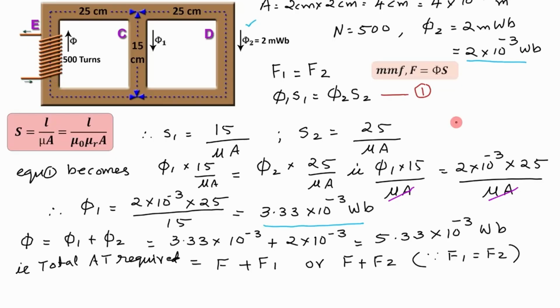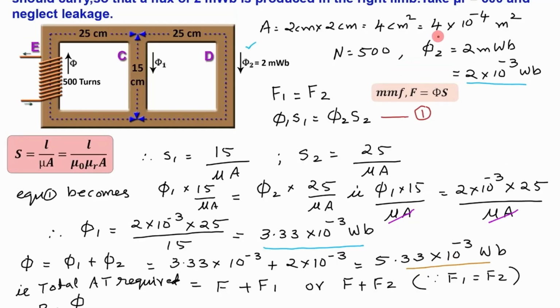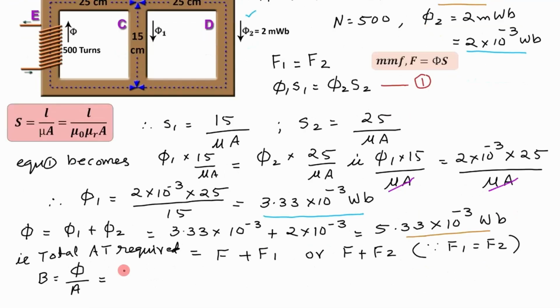So flux density for path E is B is equal to phi divided by A, that is 5.33 into 10 raised to minus 3 divided by 4 into 10 raised to minus 4, which is equal to 13.3 Weber per meter square.